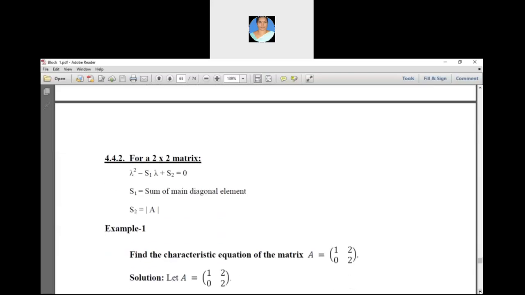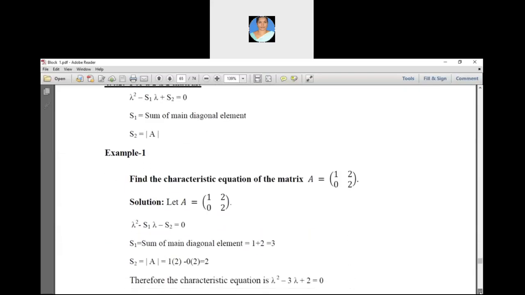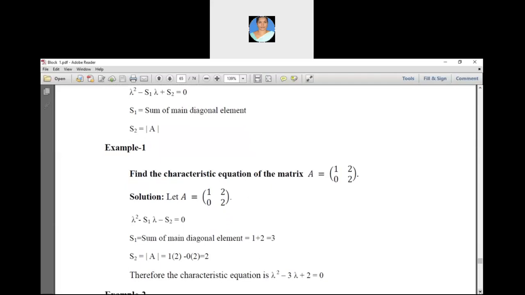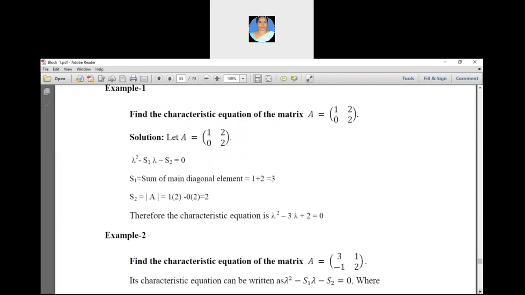Find the characteristic equation of the matrix A equal to [1, 2; 0, 2]. First, we find the characteristic equation values, that is S1 and S2.